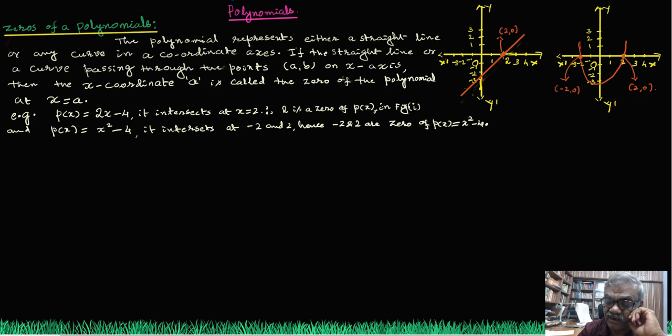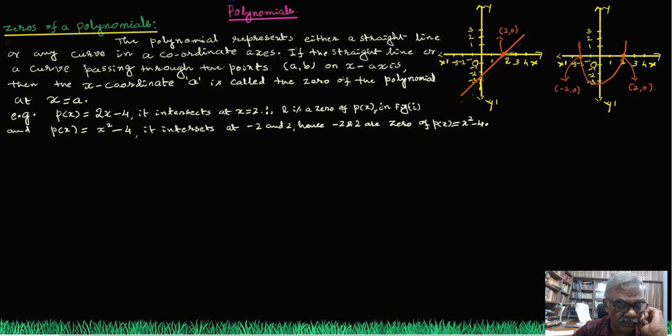Therefore 2 is a zero of this polynomial 2x minus 4. Another example, in figure 2, is x squared minus 4, which passes through minus 2 and 2, and it forms a curve because its degree is more than 1.